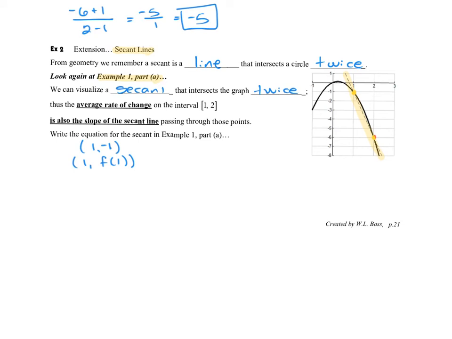So I know 2 points on the line and I know the slope from up above. So I can say y plus 1, that's y minus the y value, and my slope is -5, and my other point is going to be x minus 1. If I want, I can clean this up, and I can say y equals -5x plus 5 minus 1, or y equals -5x plus 4.